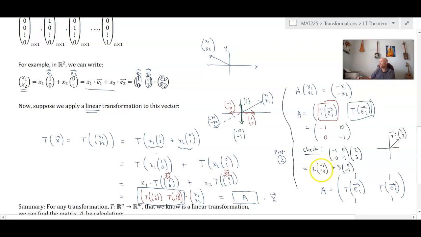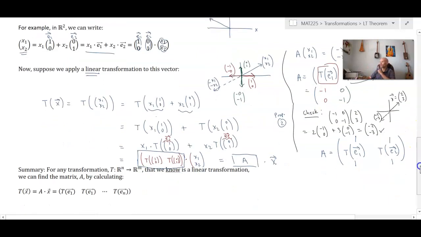This will give me negative 2, 0. This one will give me 0, negative 3. And we do indeed get negative 2, negative 3 as we had desired. So we now know how to build the matrix for a linear transformation.